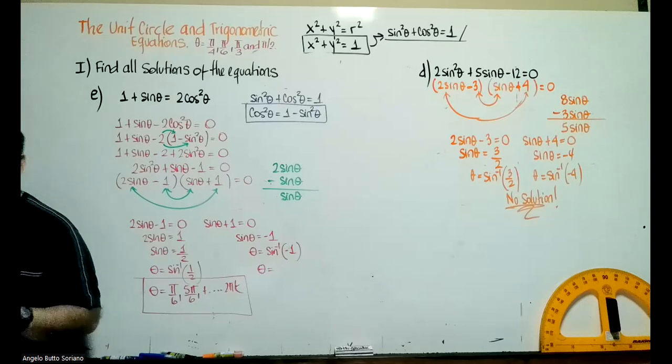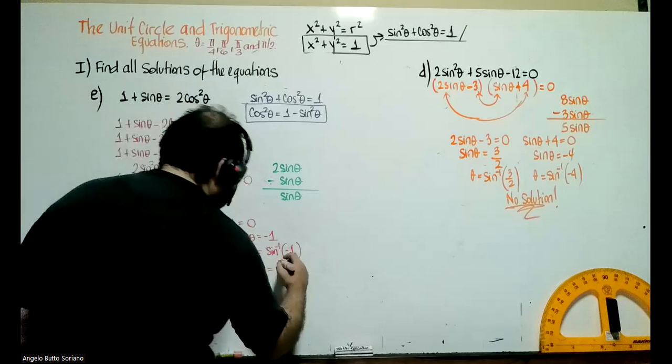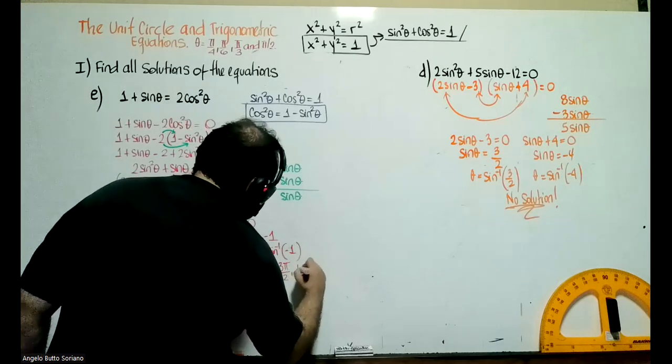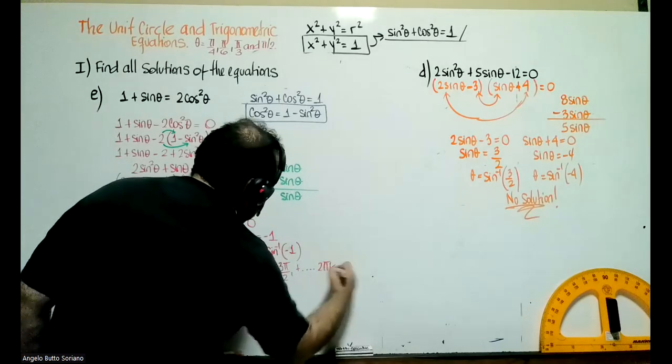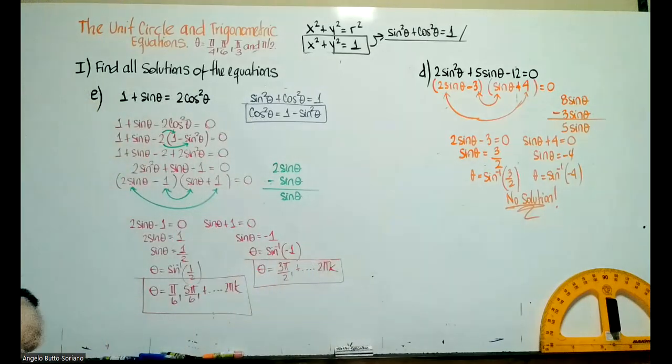Yes, there's only one, and you're right. That will be 3 pi half. This is the only value in one singular period that in the unit circle gave us negative 1, 3 pi half.